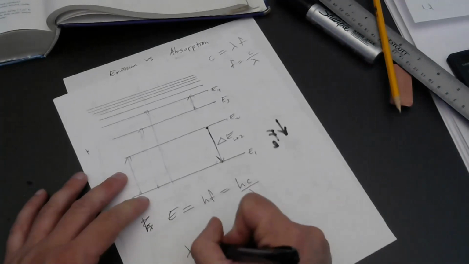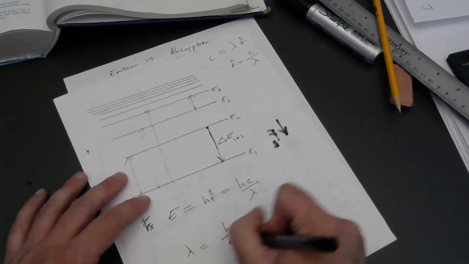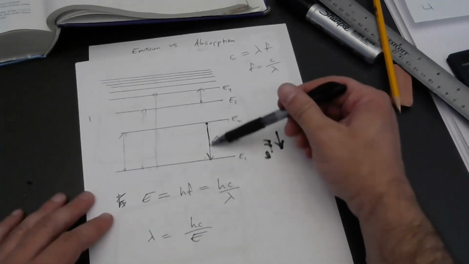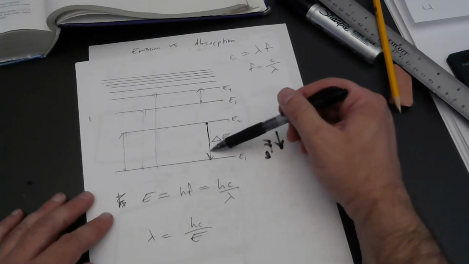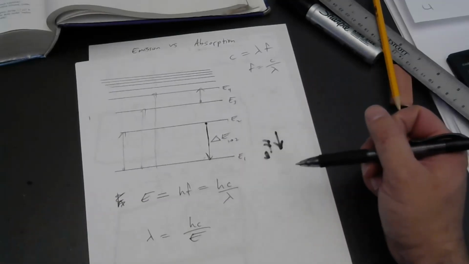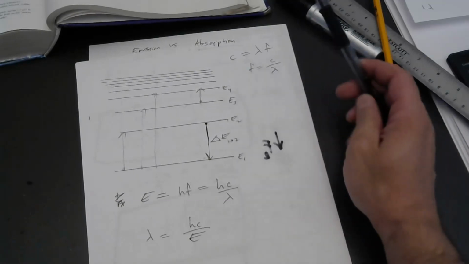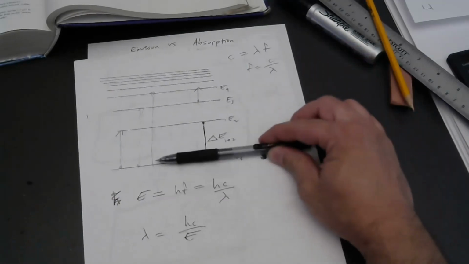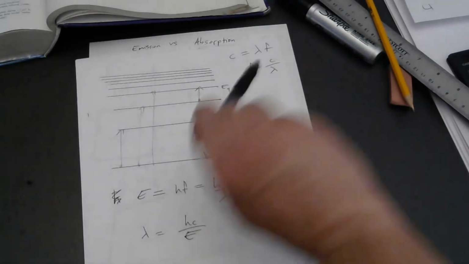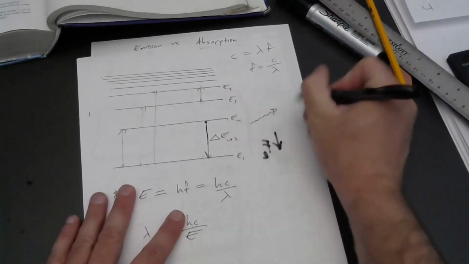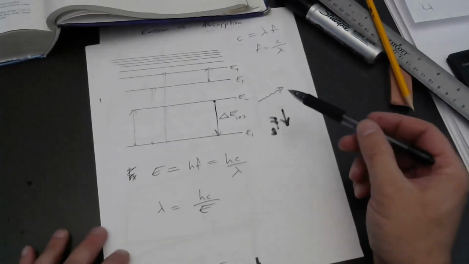And that means you can solve for the wavelength, hc over E. So all we have to do is figure out the difference in these two energy levels, and that would equal the energy given off in the form of a photon, right? Conservation of energy: when your muon jumps back down, it loses energy. It gives that energy up to a little photon that goes off into space. The squiggle indicates a photon.